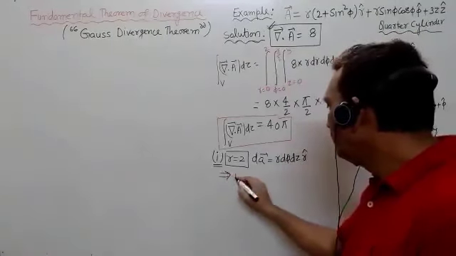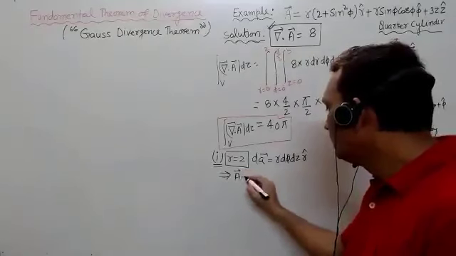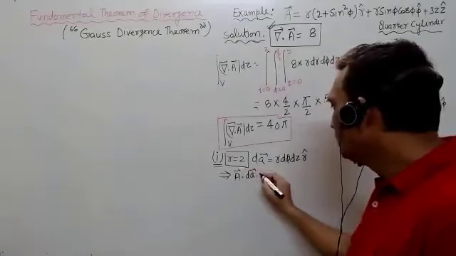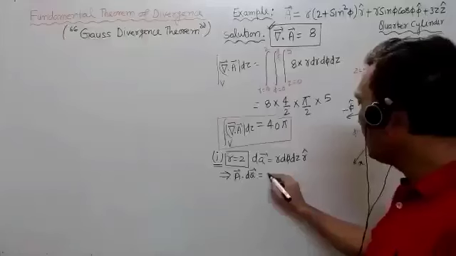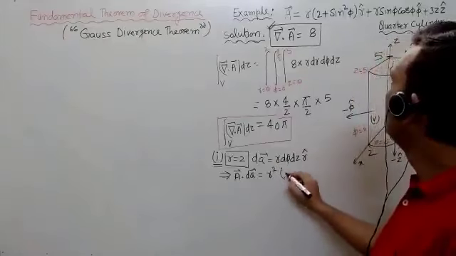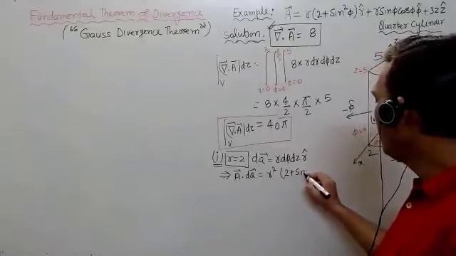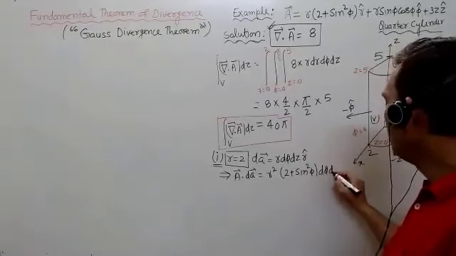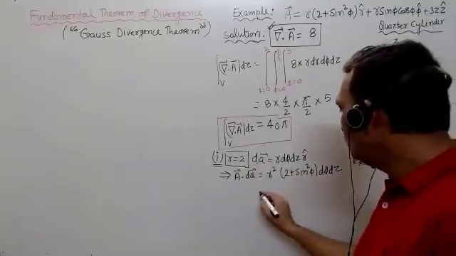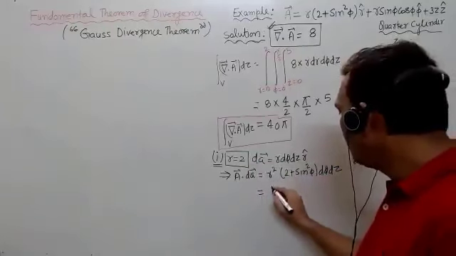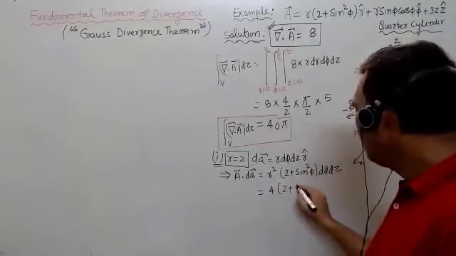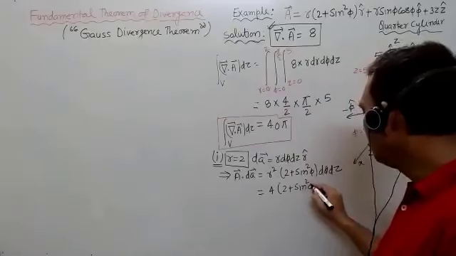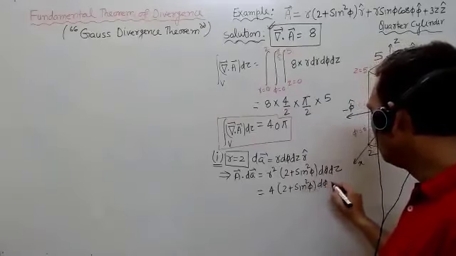And then find A dot dA. So A dot dA will give you R square 2 plus sine square phi d phi dz. Now R is equal to 2. So if you put 2, you will get 4 times 2 plus sine square phi d phi dz.